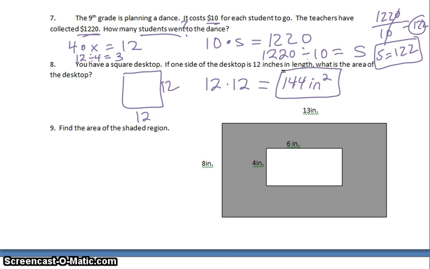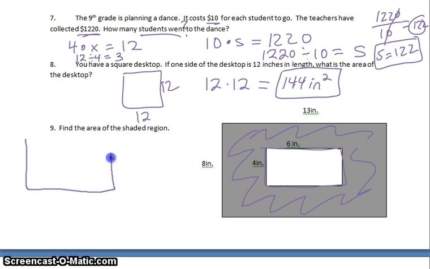Okay. Next one, we want to find the area of the shaded region. So just this part here. How can we do that? So we have a rectangle, kind of, and a hole. There's a little rectangular hole cut out of this rectangle. It's taken away. So what we're going to do is take the big rectangle and take away the small rectangle.